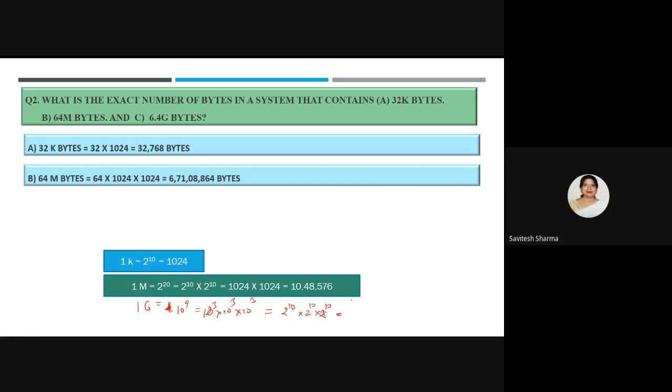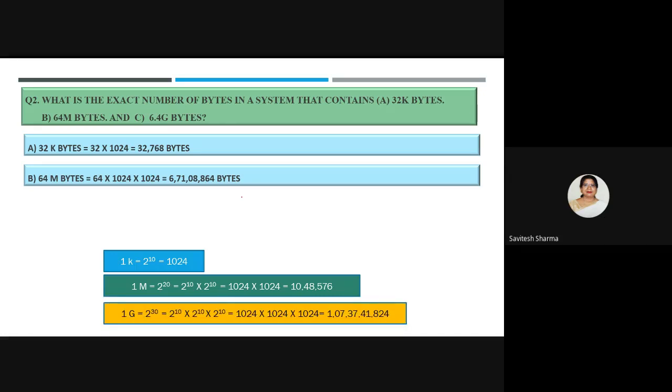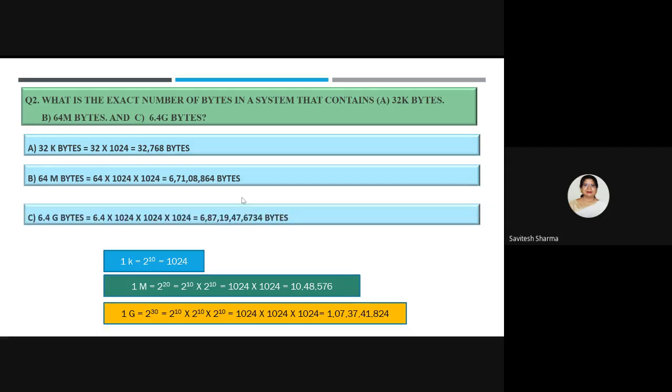So again, you will multiply 1024 three times, and you will get this big number. You want to calculate 6.4 gigabytes, so you will multiply with this number, and finally you will get this. Here I am showing the answer rounded. It is not in decimal points. It is rounded.